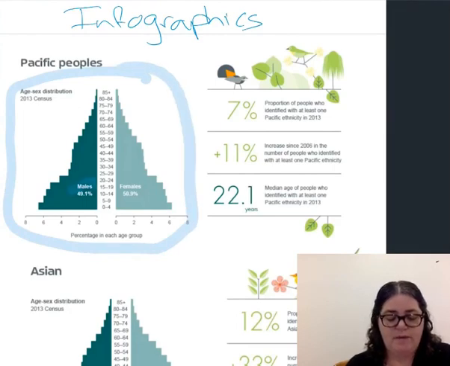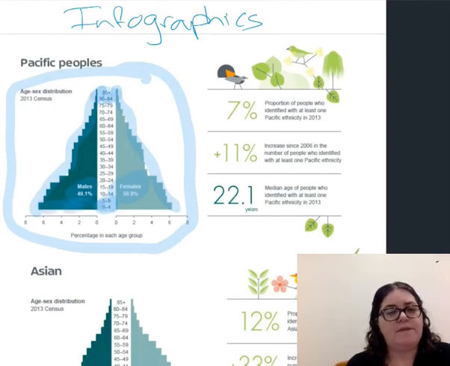On one side, we've got the males, and on the other side, the females. One thing that we can see visually quite quickly is that there is a shape that looks a bit like a pyramid. That tells me that for younger ages, there are a lot of Pacifica people, and in the elder age group, the numbers of Pacifica people are a lot smaller.